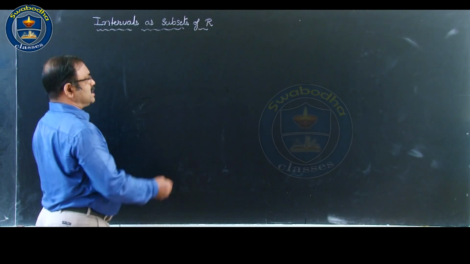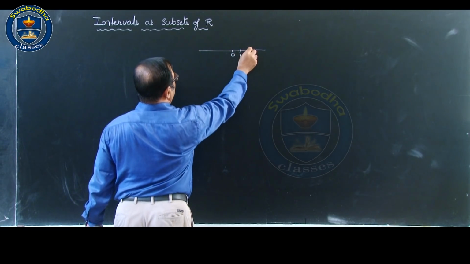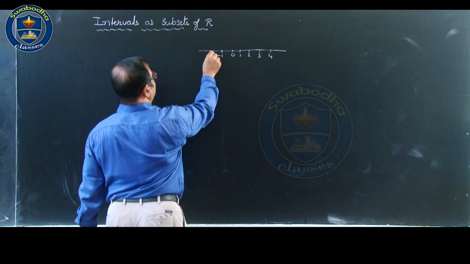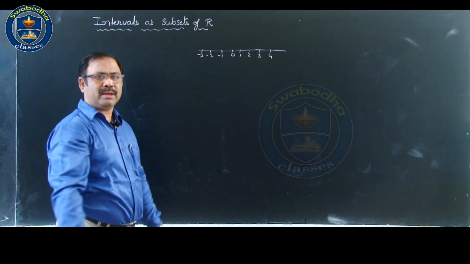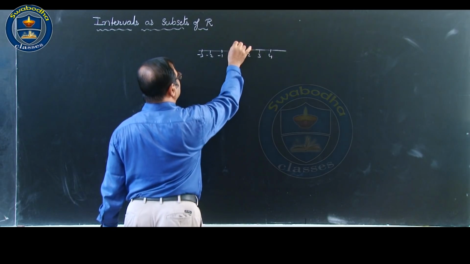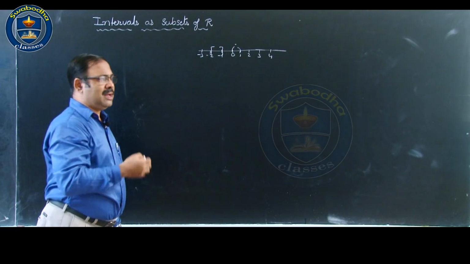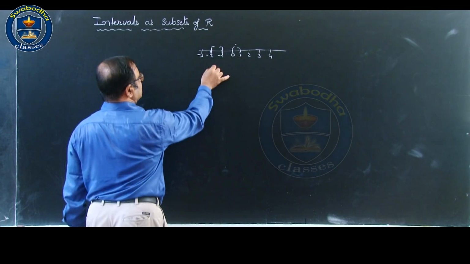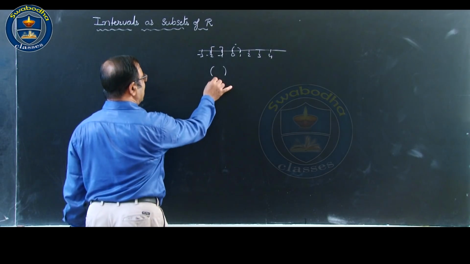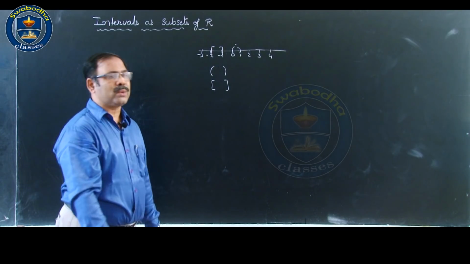So, interval means, see, if you take real numbers, say 0, 1, 2, 3, 4, minus 1, minus 2, minus 3, etc. We have to take these intervals, say (0, 1) or [-2, -1], because there are two types of representations: an interval written within this round bracket and another type written within this square bracket.